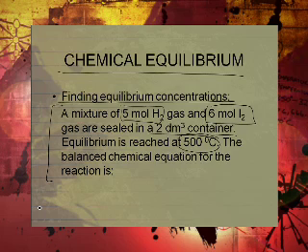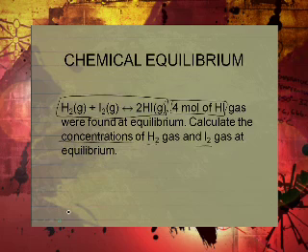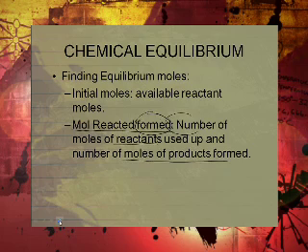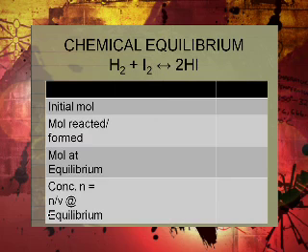Now, in our case, we are told that we are starting with 5 mole H2 and 6 mole I2, and 4 mole of HI formed at equilibrium. Let's try and put that into our table. Here I've got my H2, let me write it down here because you can't see it up there, I2, and I've got my HI.